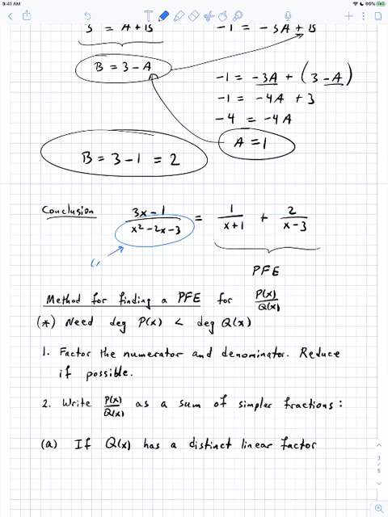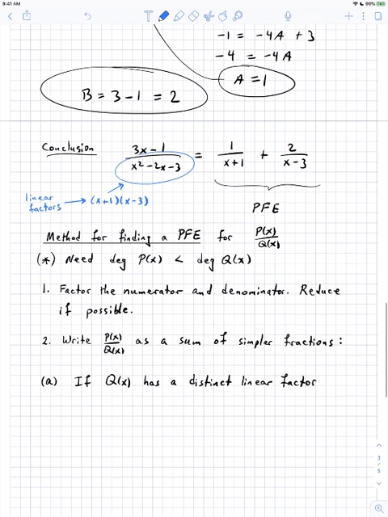So this is x plus 1 times x minus 3. These are both linear terms, or linear factors. Linear just means degree 1. If you have a degree 1 factor, that's called a linear factor. So this linear factor degree equals 1. And distinct just means that it doesn't repeat, so you don't have a repeated factor.